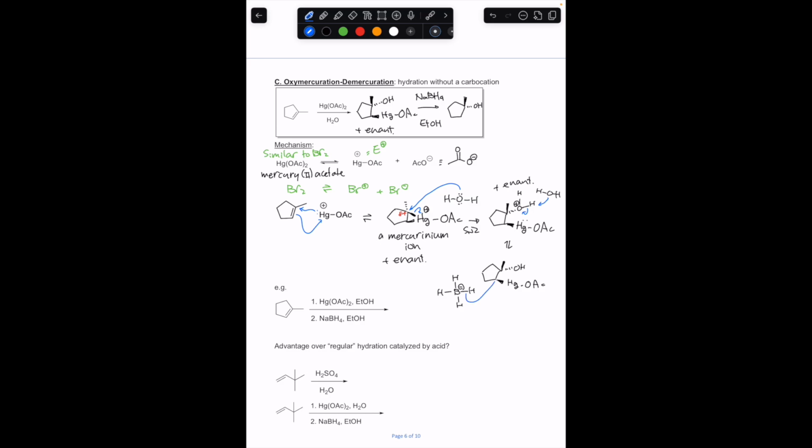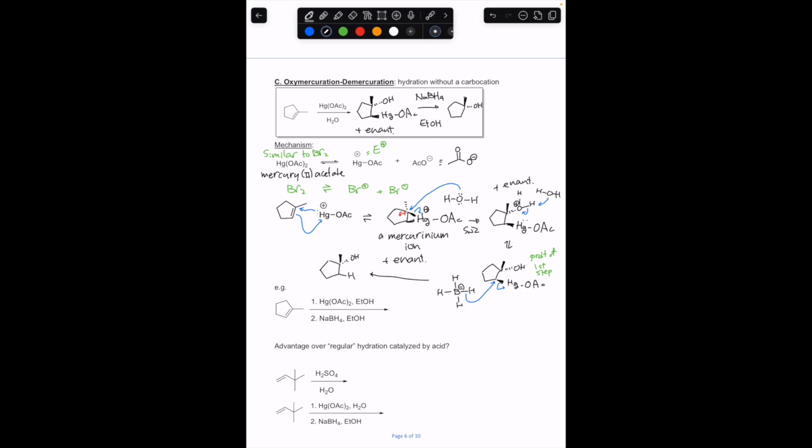So I just want you to think of it as that, okay? Basically an SN2 reaction with the hydride. This is the product of the first step, and that will give us the product, but of course hydrogen doesn't need to be drawn.